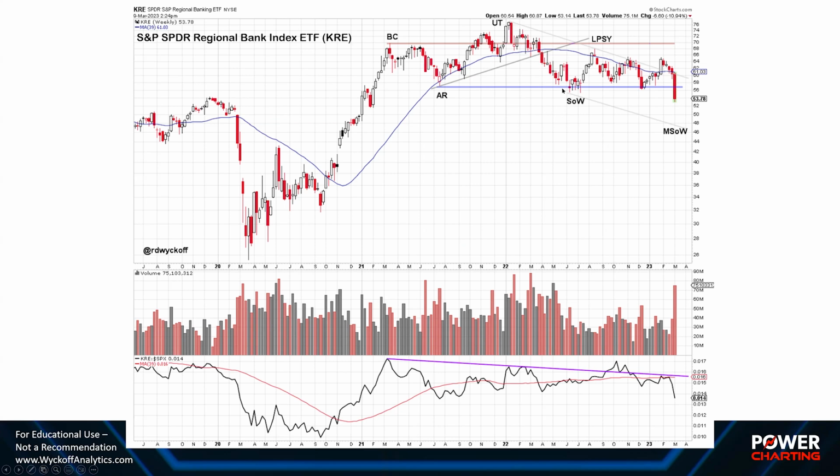And so this tells us that this is an index or an ETF that is under distribution, is for sale, with huge amounts of volume off the peak, a very distributional tip off right there. And then a series of rallies, and they are not good quality. This rally here in mid-2022 is better, but does not get up to resistance. This rally is not as good as this one.